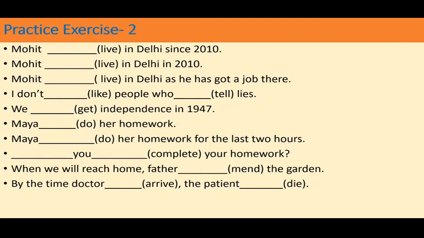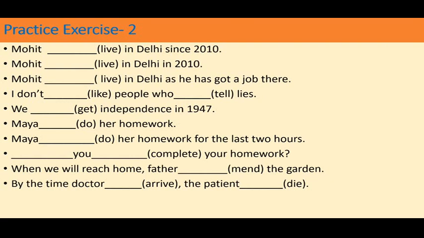In the bracket the verb is live. Next sentence. I do not dash people who dash lies. We have two verbs here. In the first blank you have to give the correct form of like and in the other part you have to give the correct form of tell.